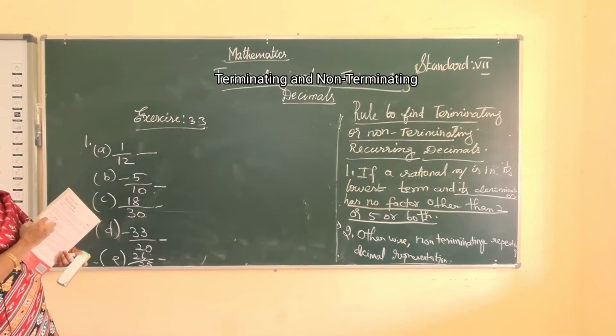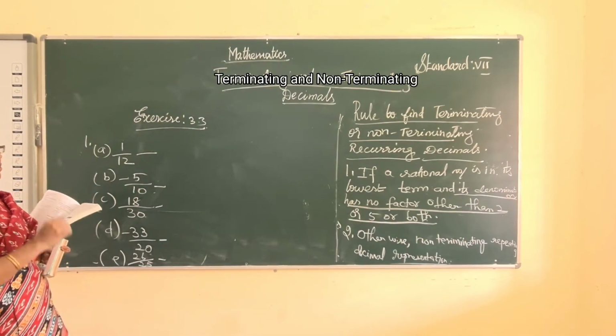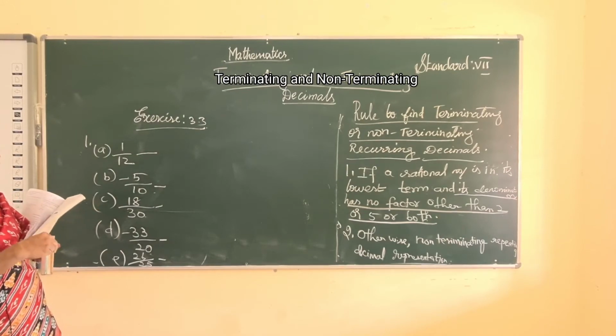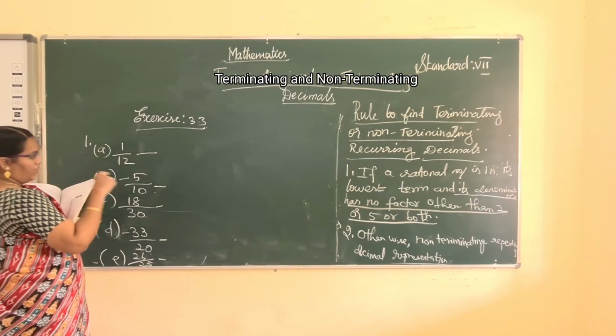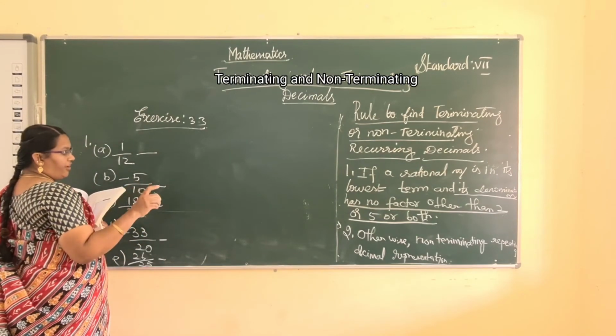So what is the condition? If the rational number is in its lowest terms and its denominator has no factor other than 2 or 5 or both.